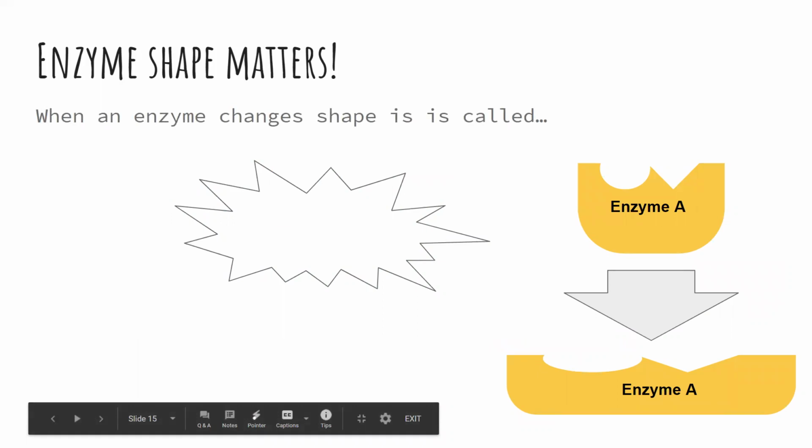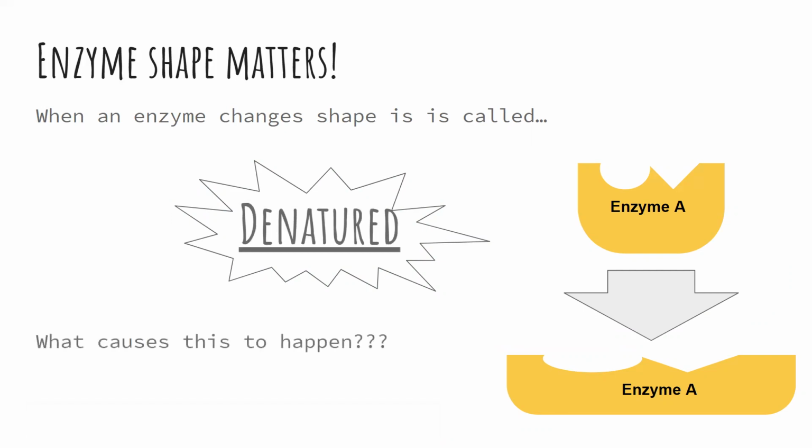When an enzyme changes shape and the reaction can't happen anymore, this is called denaturing, or the process of becoming denatured. What causes an enzyme to become denatured, to be taken out of its nature? If we were to break this word down, denature.